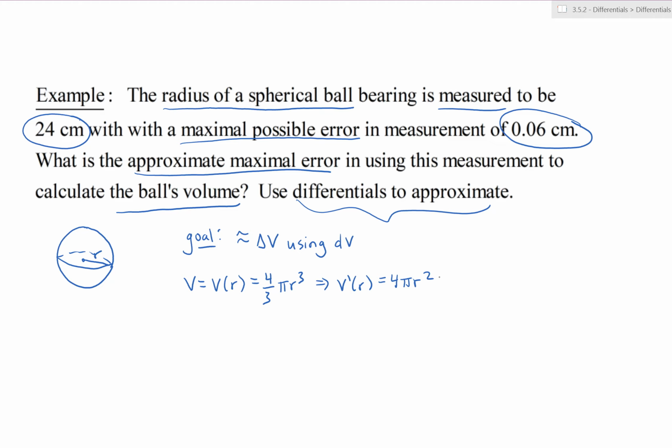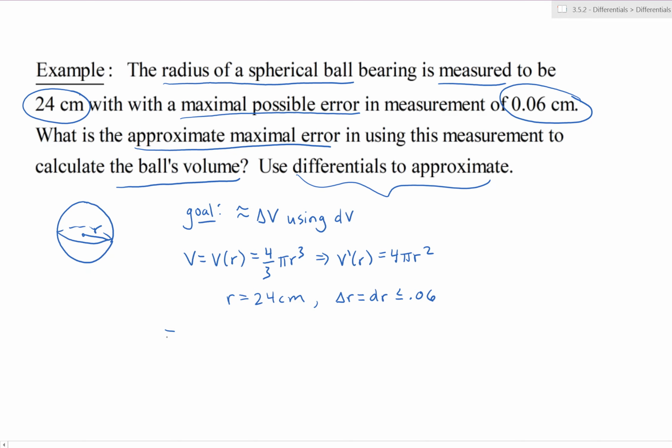We also know that in this particular situation, r was measured to be 24 centimeters. That's our measurement. And we also know that delta r, which will be the same as dr, since that's the change in the independent variable's direction, is at most 0.06. That's the maximal possible error in measurement.